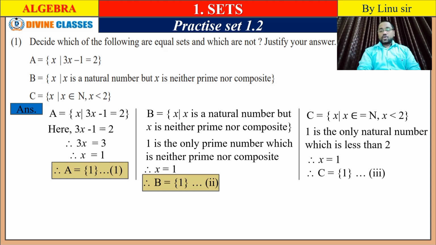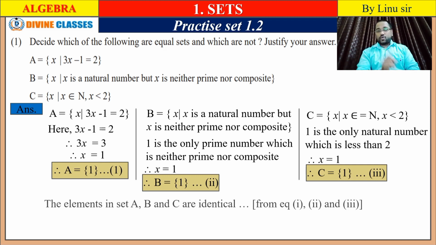Yes or no? So all these things we had converted into listing form. Right or not? This question was in set builder form. We just converted into listing form just to understand which are the elements inside the set. Yes or no? After considering the elements only, we can make out whether the sets are equal or not.